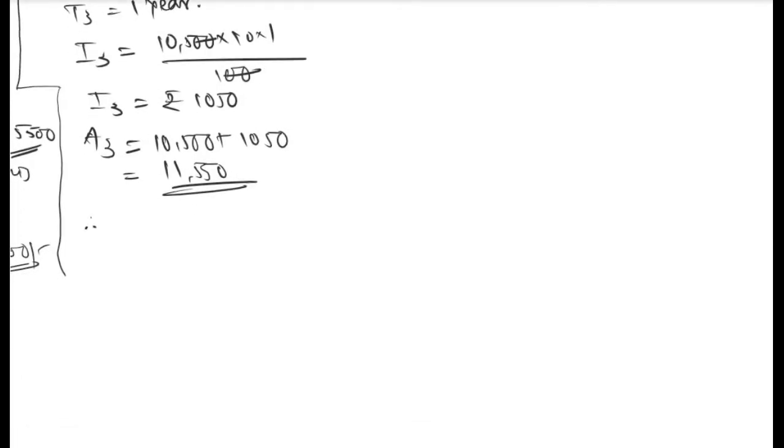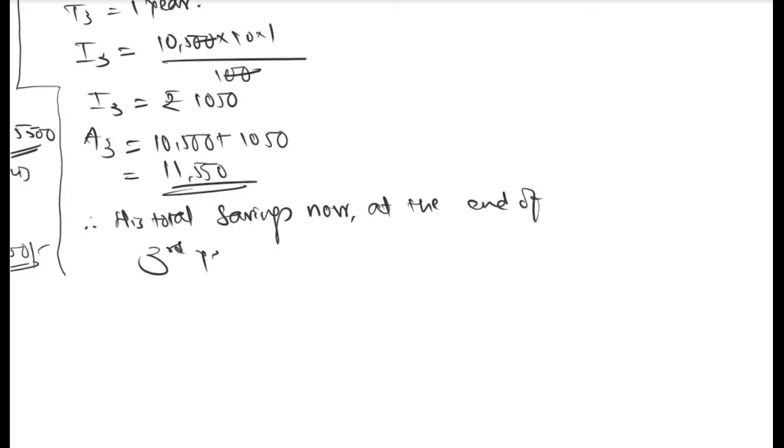Therefore, his total savings now at the end of third year is equal to 11,550 plus 5,000, that is rupees 16,550. That is his total savings at the end of third year.